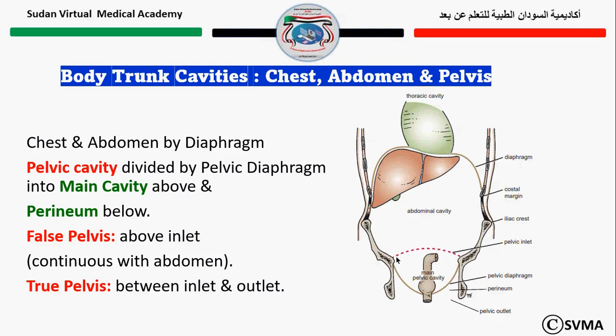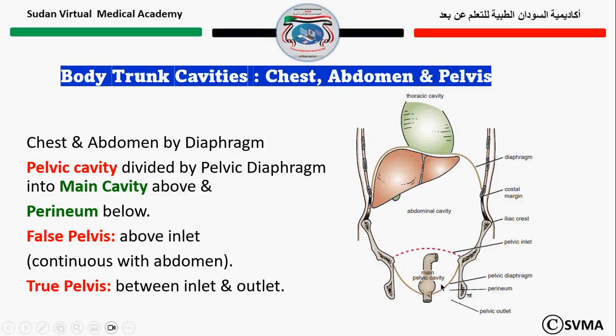So when we say pelvis and abdomen are separated by the pelvic inlet, we mean the main pelvic cavity, because the false part of the pelvis is above the inlet. The inlet separates the false pelvis, because the false pelvis is actually part of the abdominal cavity.